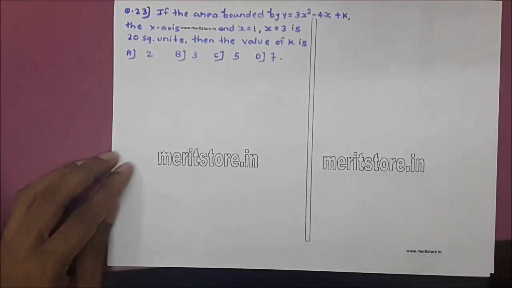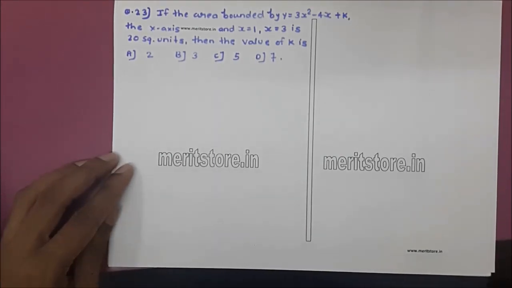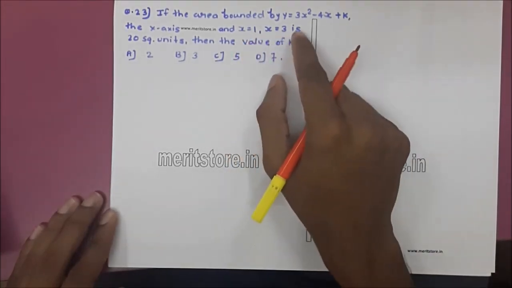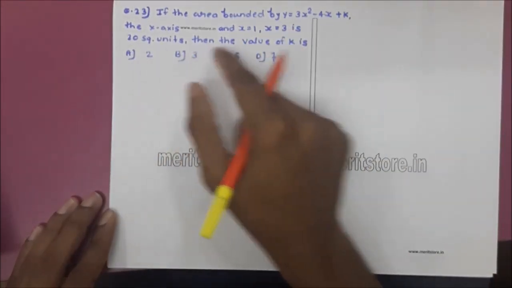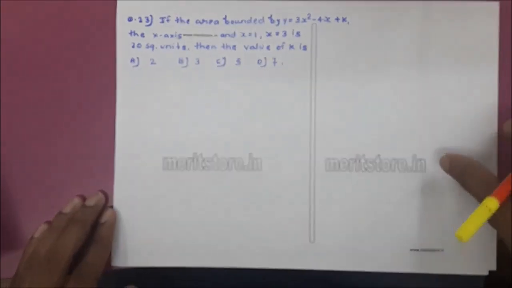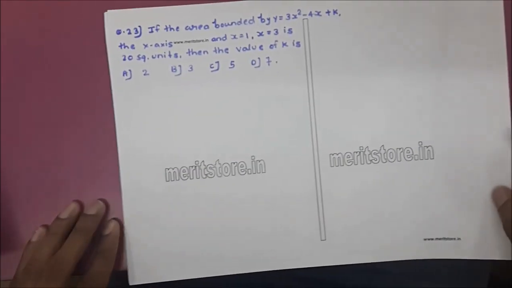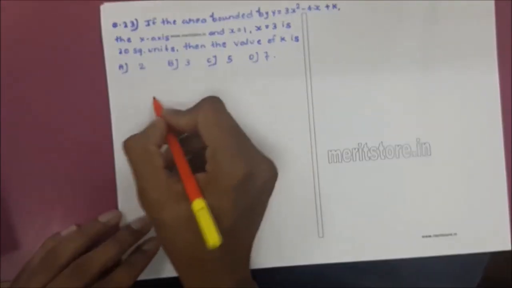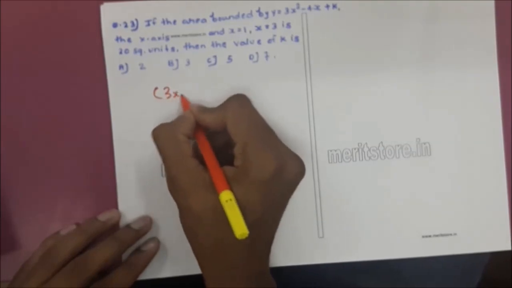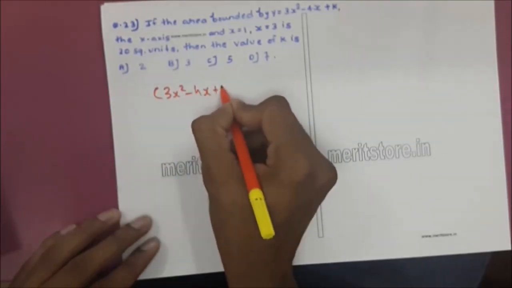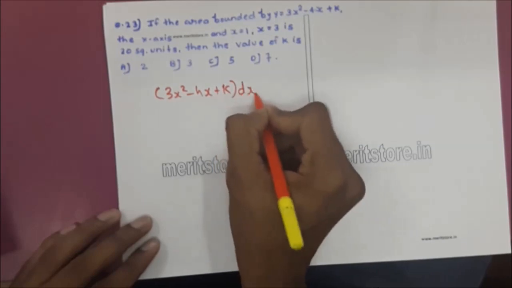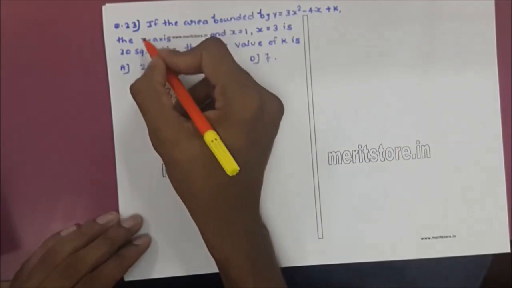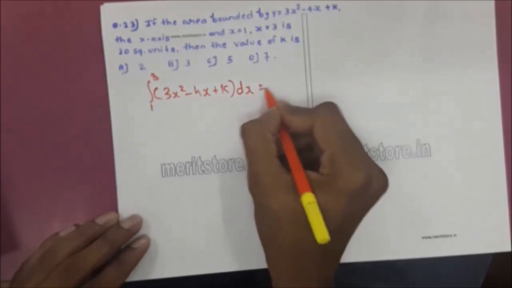Question 23. If the area bounded by y is equal to 3x square minus 4x plus k, the x-axis and x is equal to 1, x is equal to 3 is 20 square units, then the value of k is, we have A as 2, B 3, C 5, D 7. We have the integral of 3x square minus 4x plus k dx, with limits from 1 to 3. We have the value for the area bounded, that is 20.